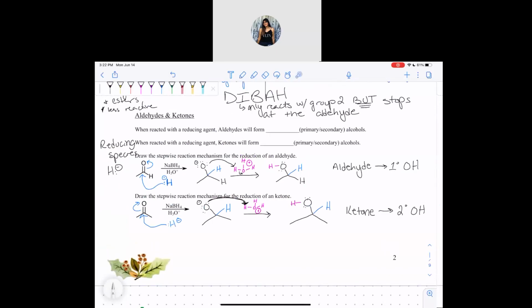And now that we've drawn that out, we can see up here the answer to these two. So we know when reacted with a reducing agent, aldehydes are always going to form primary alcohols. And we know that when reacted with a reducing agent, ketones will always form secondary alcohols.